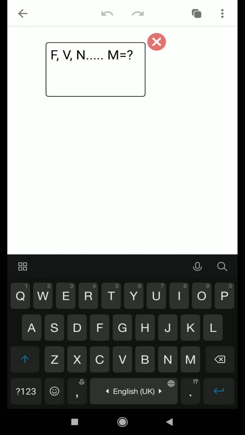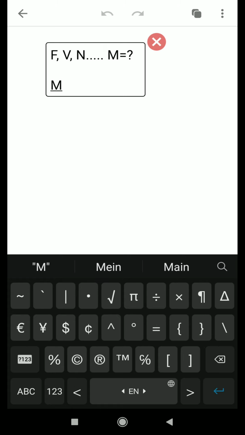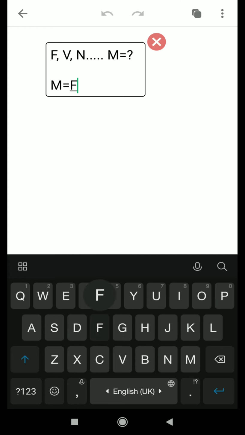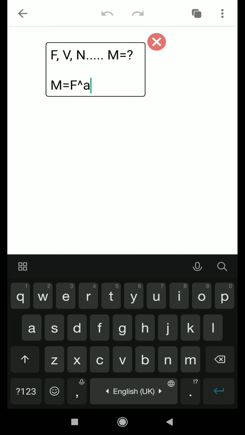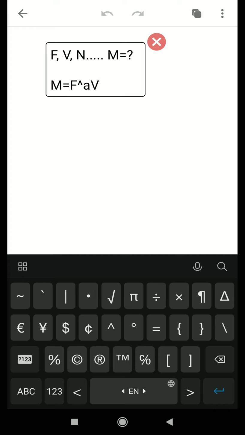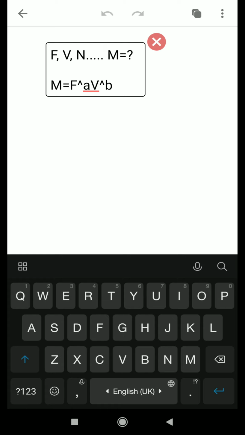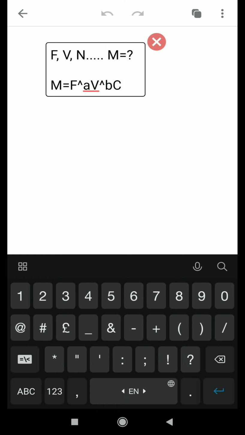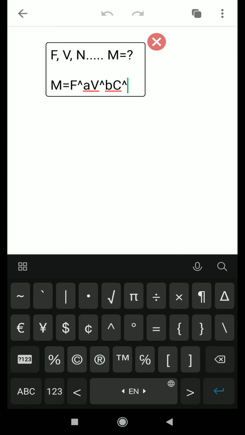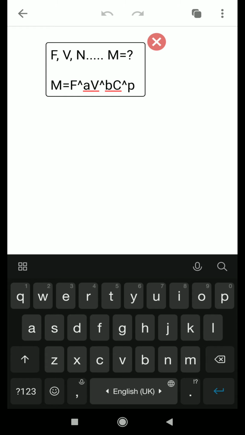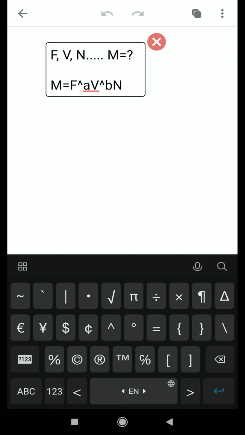So what we will do, we will assume an equation first, that mass equal to F to the power a, V to the power b, into N to the power c.